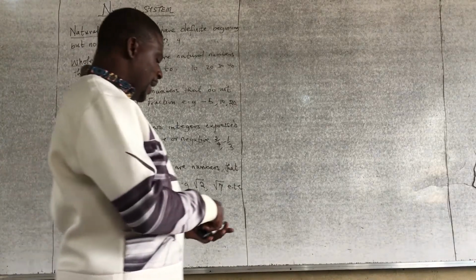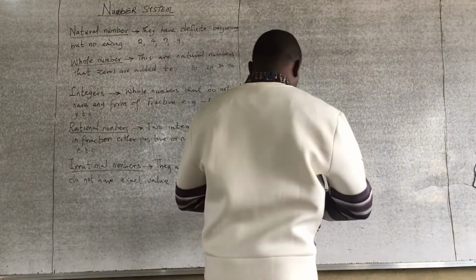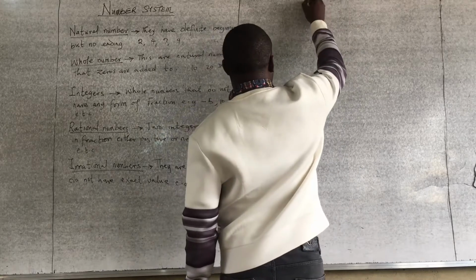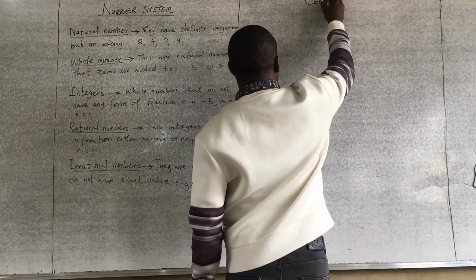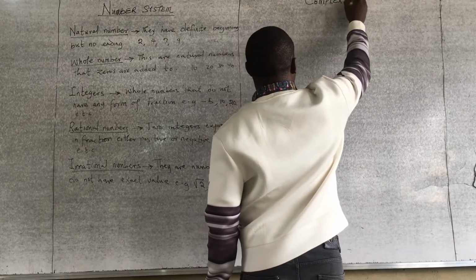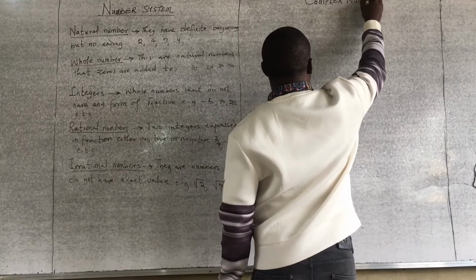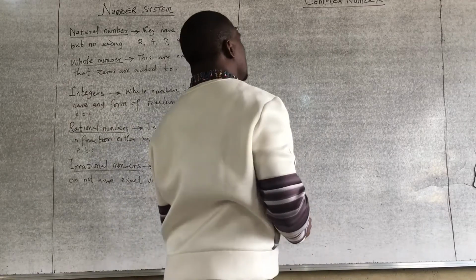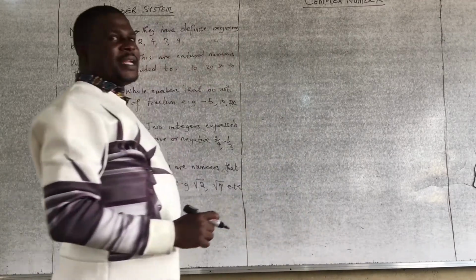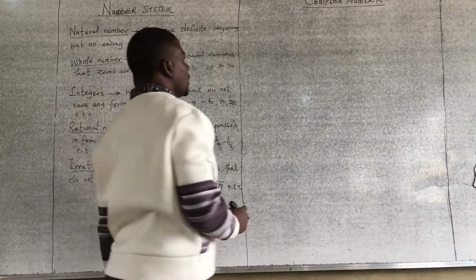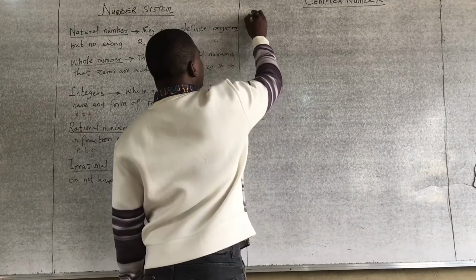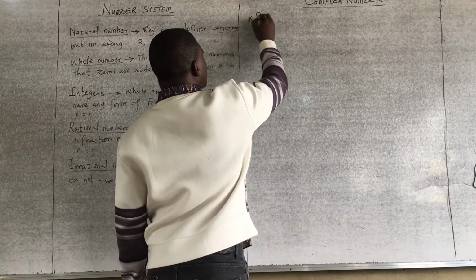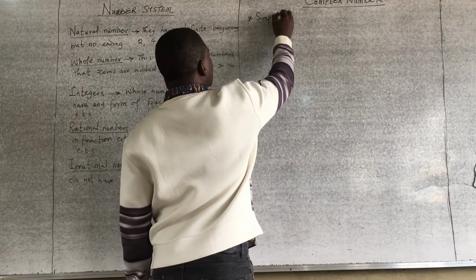Okay, so the next thing we want to look at is complex number. Now, under this complex number, we are going to be looking at simplification.